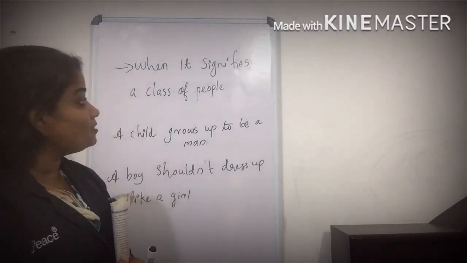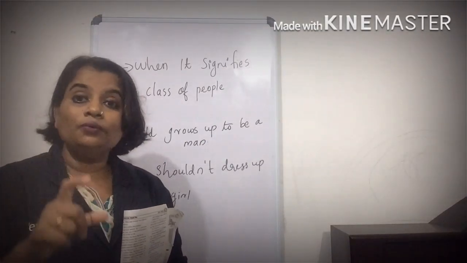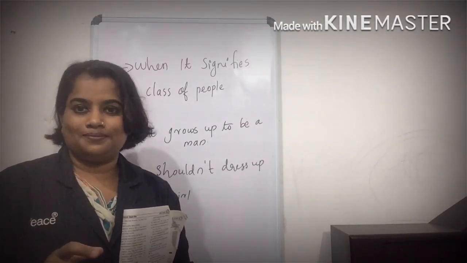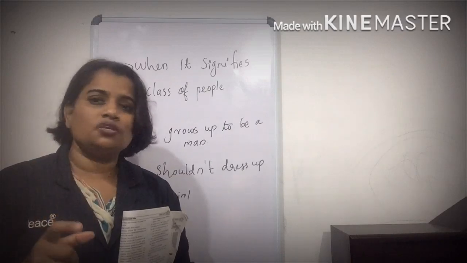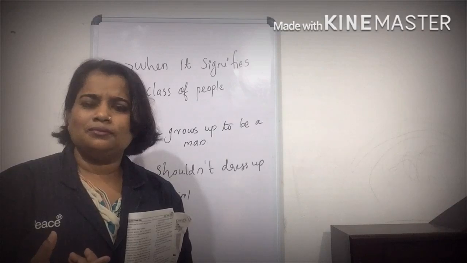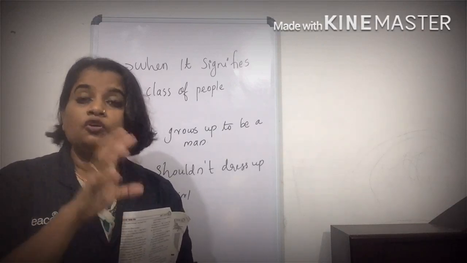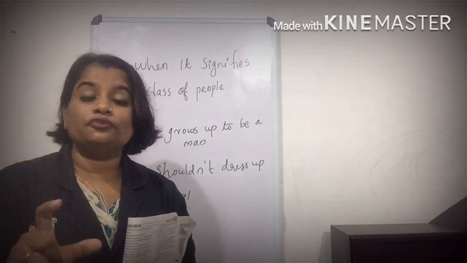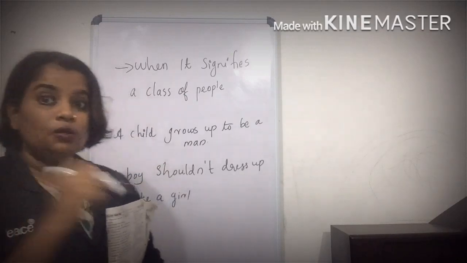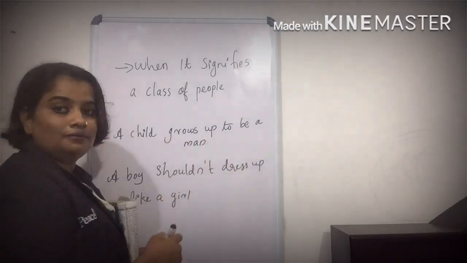When it signifies a class of people, the noun is generalized. Do you understand what that means? It says about common people, not focusing on only one. Look at the example: a child grows up to be a man.